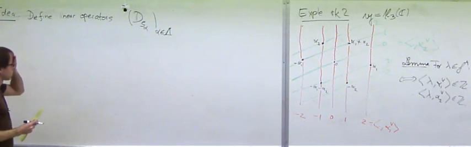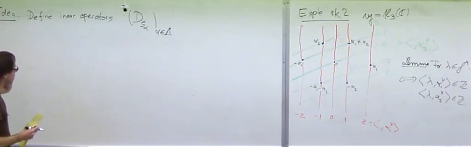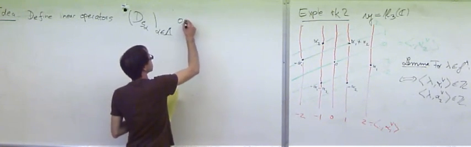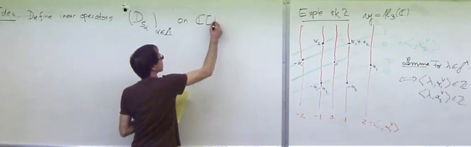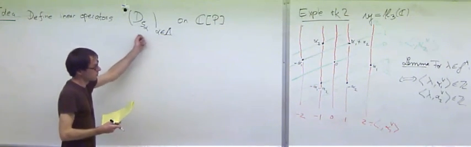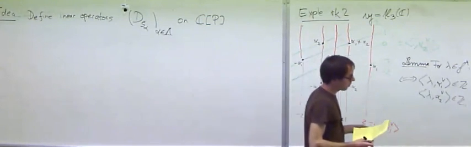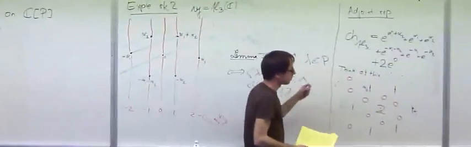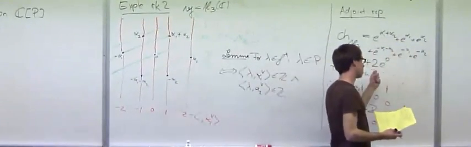So it's a family of finitely many linear operators, each on ℂP. Any of these operators takes a formal linear combination of these e^λ terms and produces another formal linear combination of these e^λ terms.